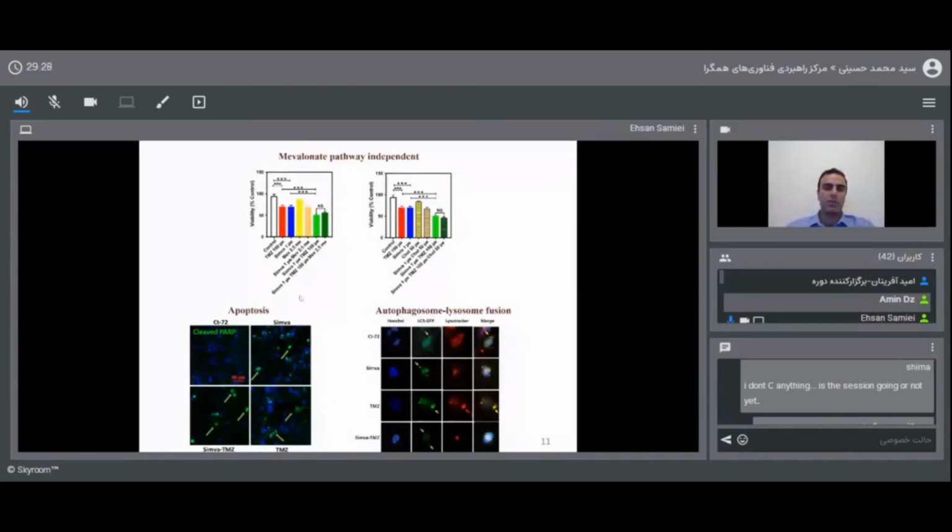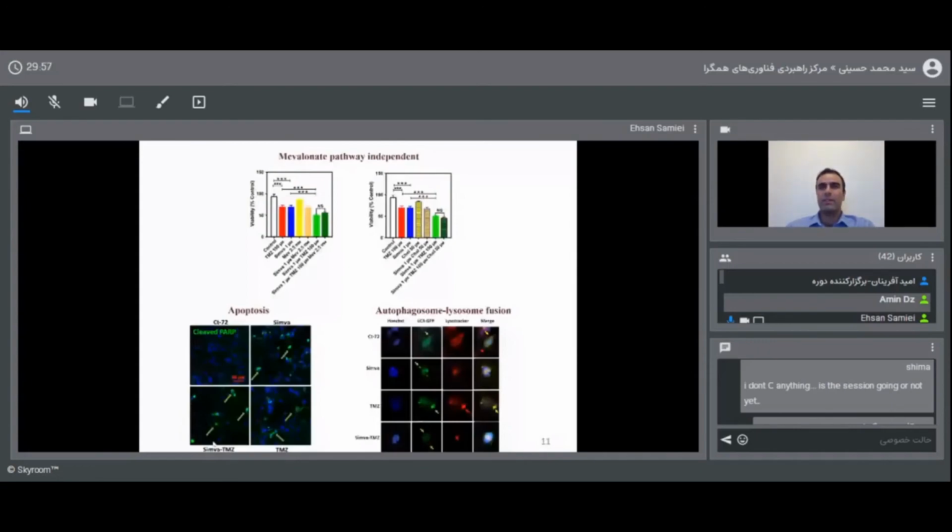Here I've shown immunofluorescence imaging of cleaved PARP, which we studied with flow cytometry and Western blotting as well. In all three methods, we observed that the level of apoptosis was significantly higher in the combination therapy, which is a favorable result for battling glioblastoma.